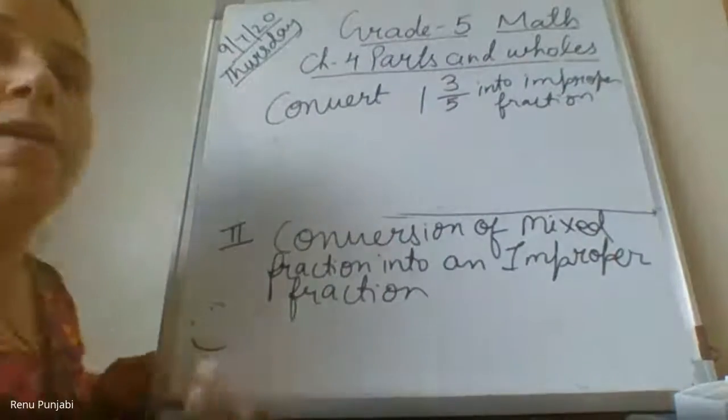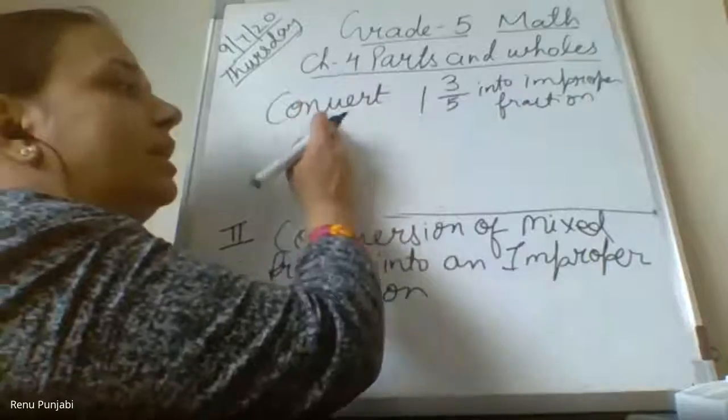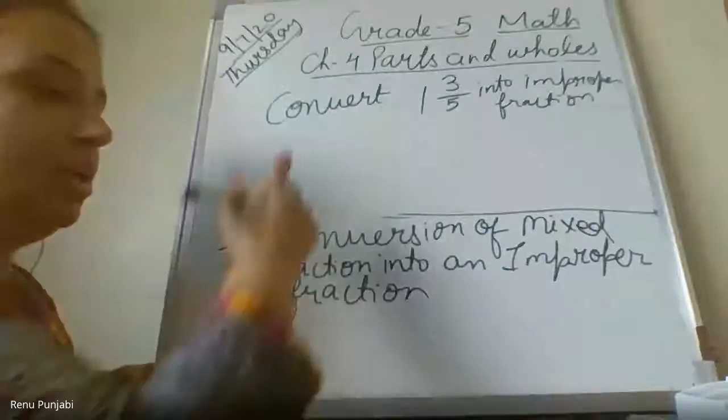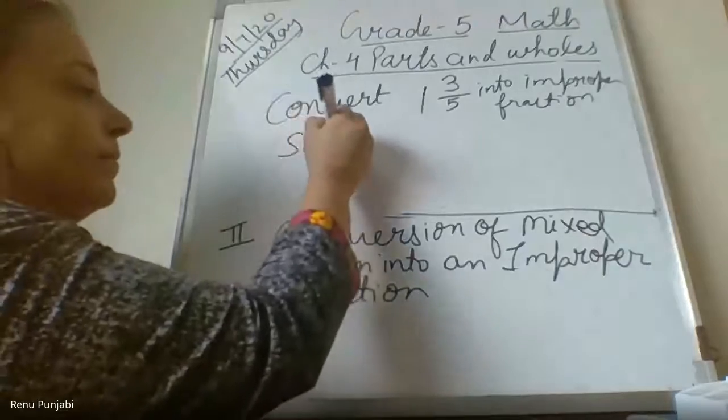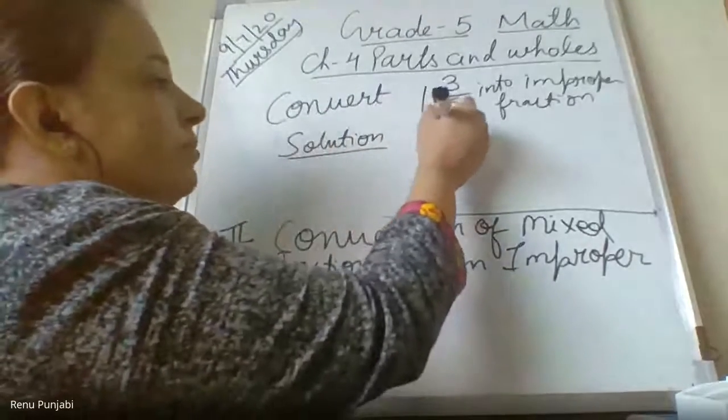So just now I told you how to check the answer. In the same way you have to convert the mixed fraction into the improper fraction. Solution. Write the sum.